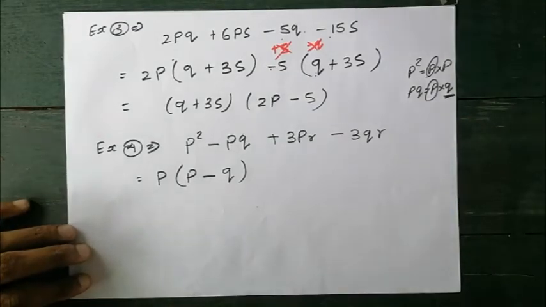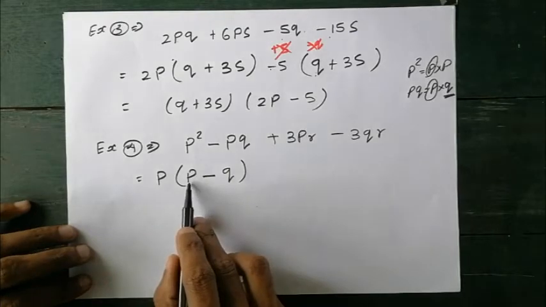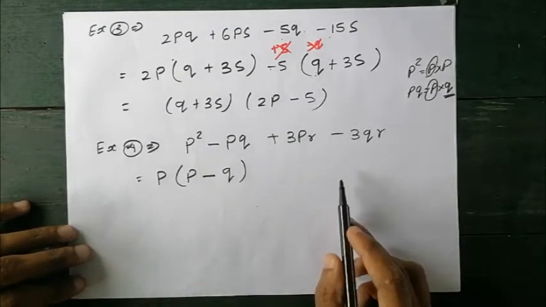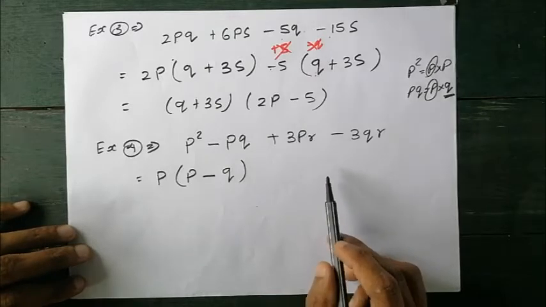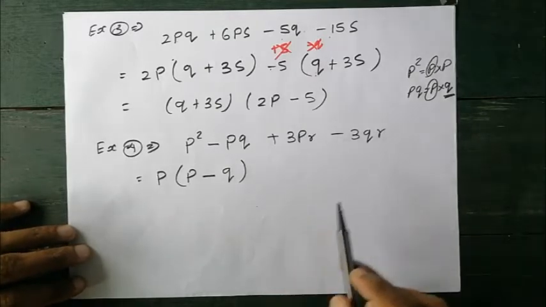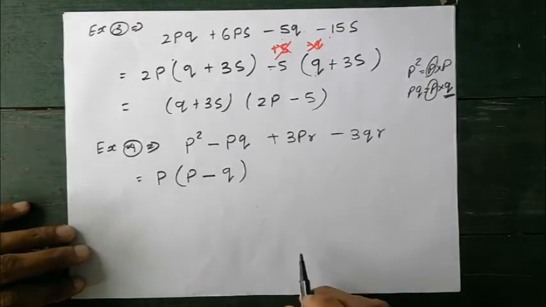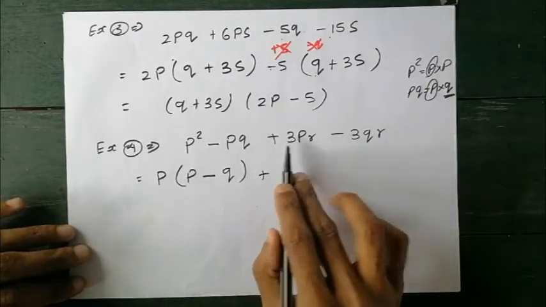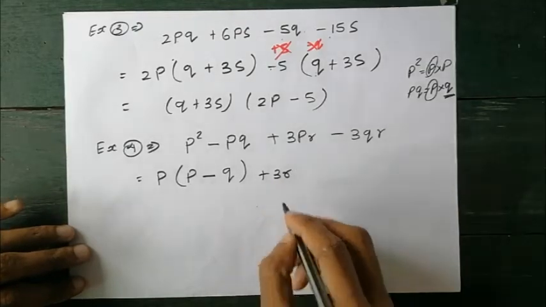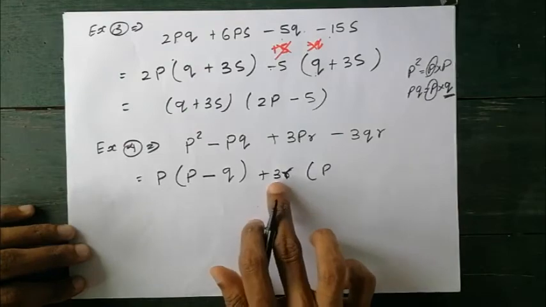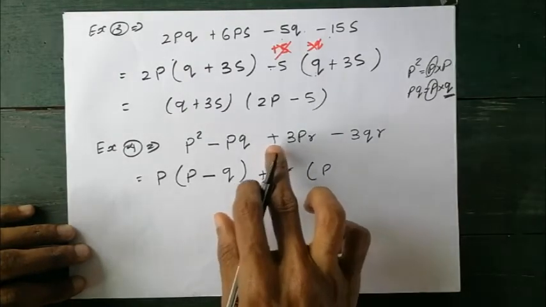Remember, if you got p minus q on the first pair, you should have the same answer on the second pair, p minus q. What is the sign you are going to take out? It's plus, so plus 3r. We are taking out 3r. What is the remaining? It's p. So 3r into p is plus 3pr.